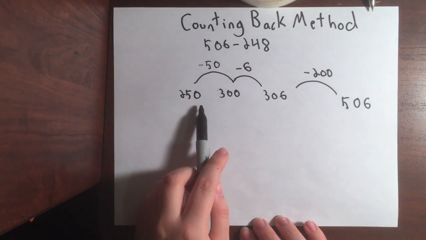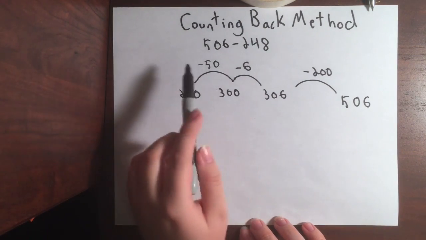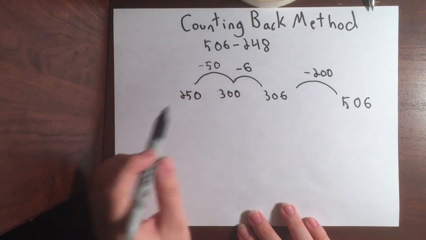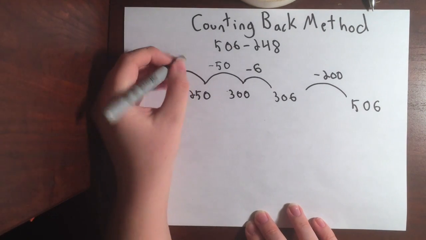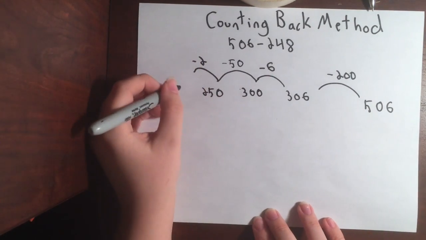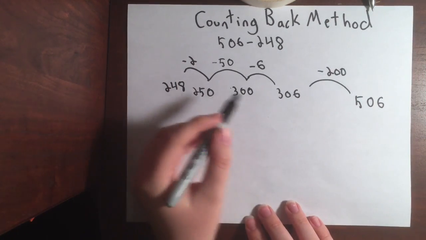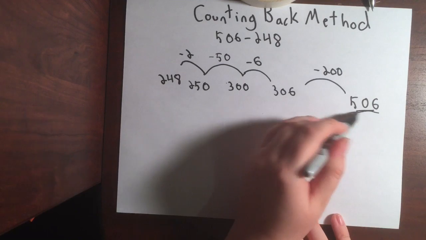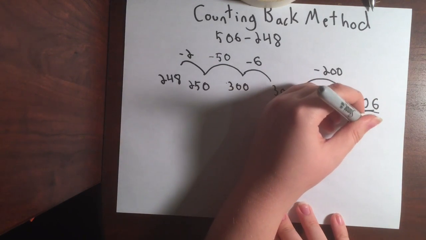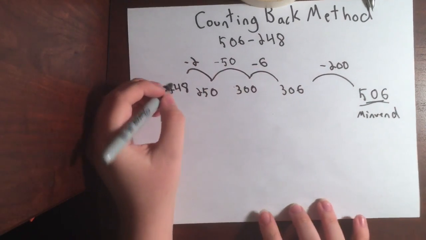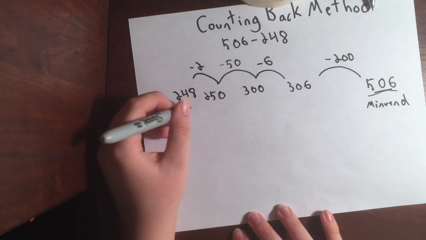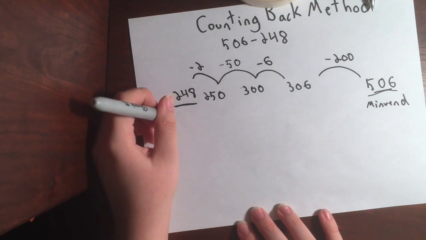So now we're at 250. Finally, we need to do one more small step and take 2 away from 250. And that will give us 248. So we have successfully counted back from 506, our minuend, all the way to our subtrahend, 248.